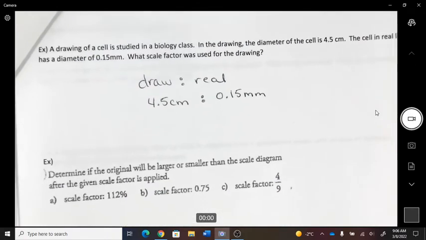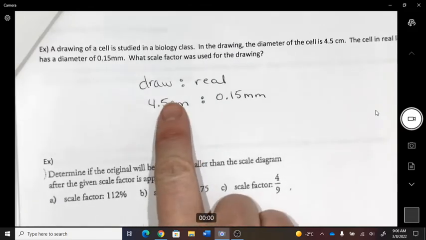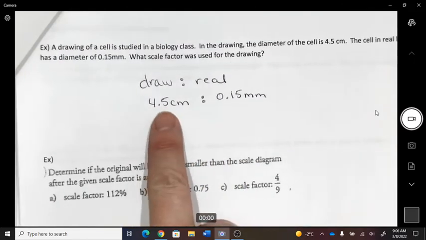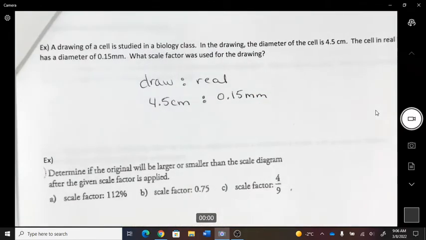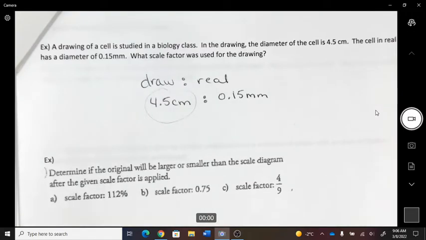Okay. This is not going to work for me. The reason it's not going to work is because this guy is in centimeters and this one's in millimeters. So what do you want to do here? Would you like to change this to millimeters or this to centimeters? Which one would be easier for us? I think this one.